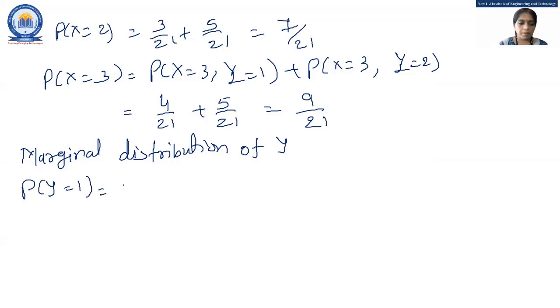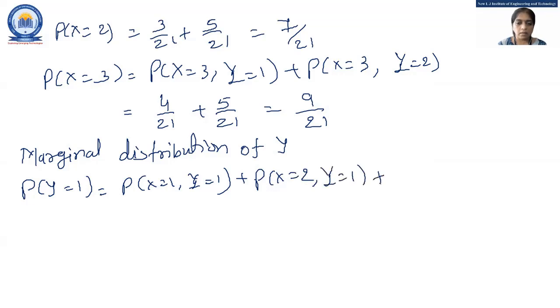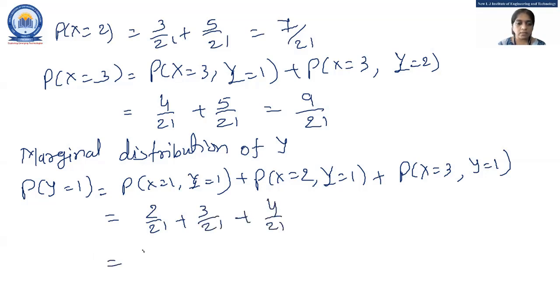And here p of x1, y1, second p of x2, y1, and third p of x3, y1. That is 2 by 21 plus 3 by 21 plus 4 by 21. So answer is 9 by 21.